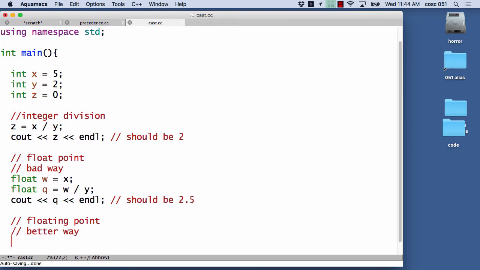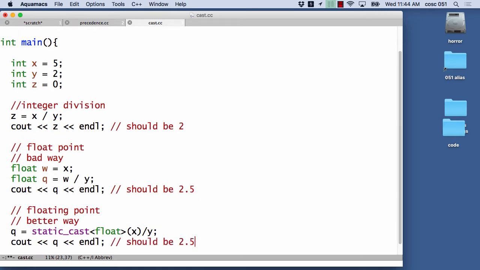The better way is this. We say q, and we need q still because we're going to be doing output of floating point, equals static underscore cast, open angle bracket, float, close angle bracket, open parentheses, x.